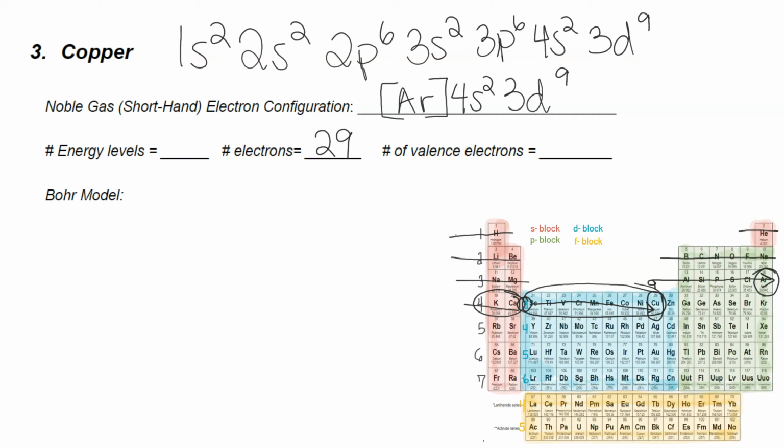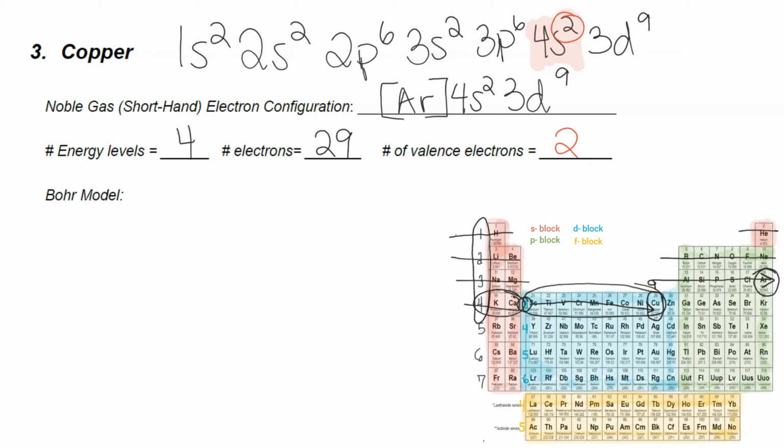The number of energy levels, well, we went all the way down to energy level 4. So there are 4 total energy levels in this configuration. And for the number of valence electrons, we're just looking at the portion of the configuration that starts with a 4, and that's this 4s2. So there are only 2 valence electrons here.